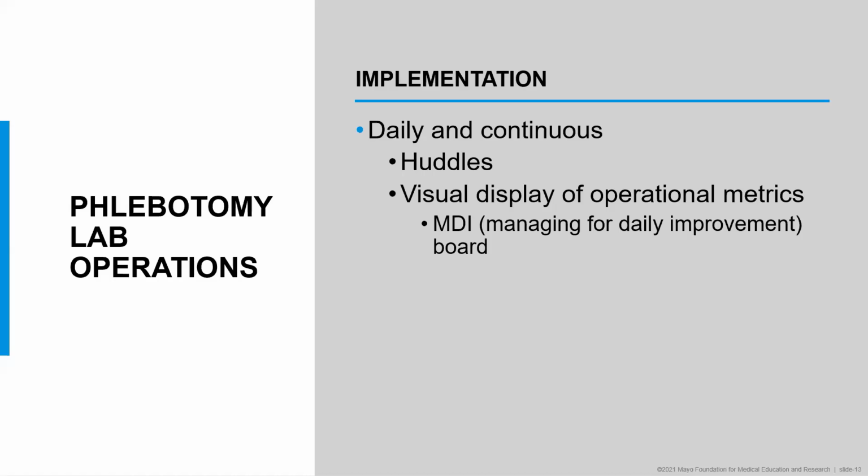A huddle should only take maybe 5 to 10 minutes, and it allows you to look at how much work you have to do that day, what hindrances you're going to face, how many staff you have available to do the work, and if there are any call-ins. So it allows you to prepare for the day.